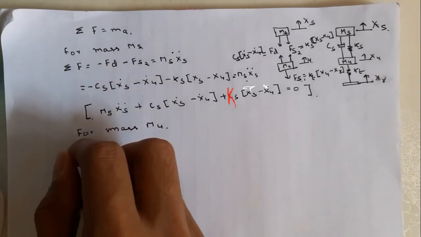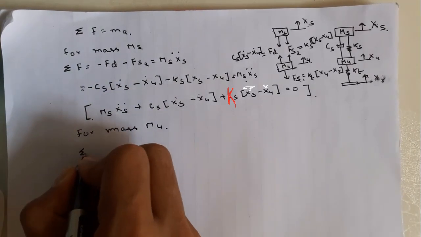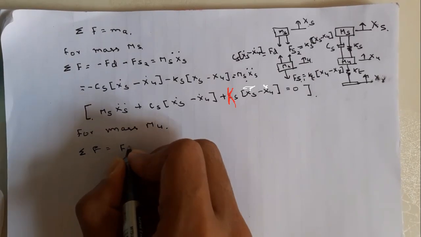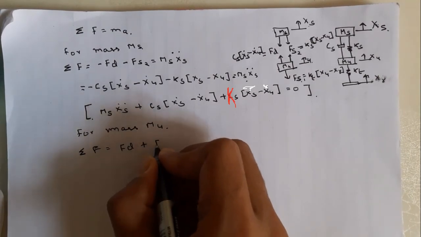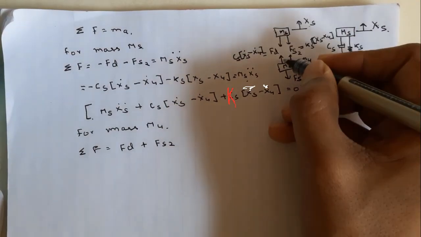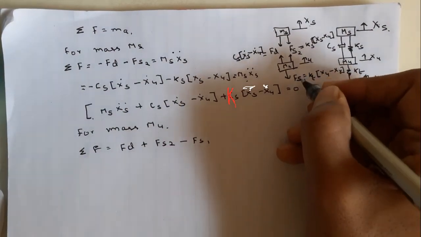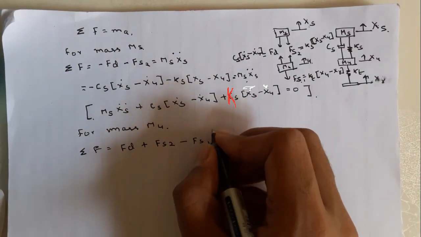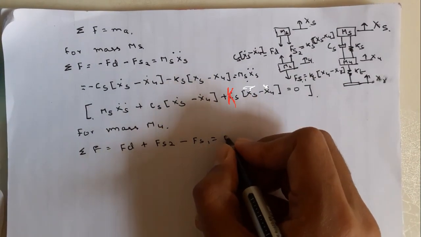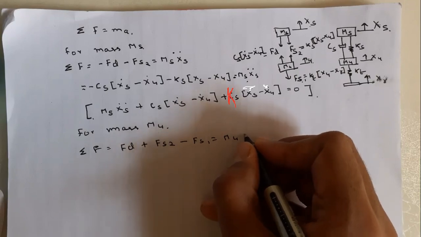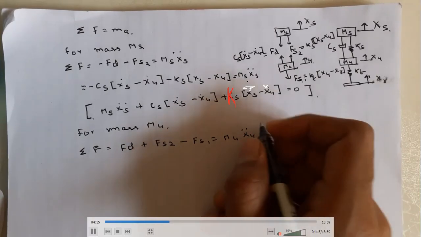Now for mass mu we will do the same thing. Sigma F equals minus Ft plus Fs2 minus Fs1, because it is downward, equals mu xu double dot. Sorry for this clumsiness.